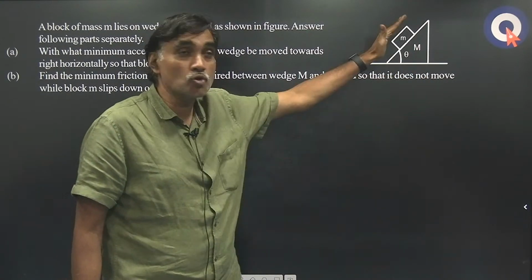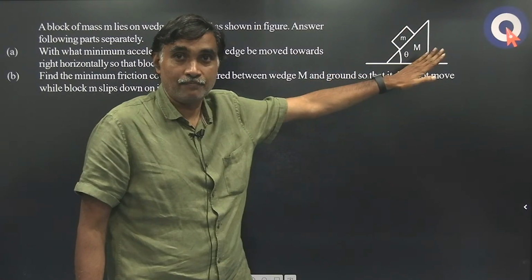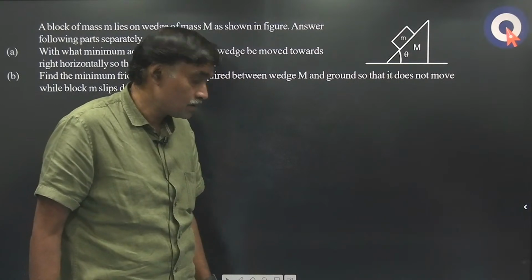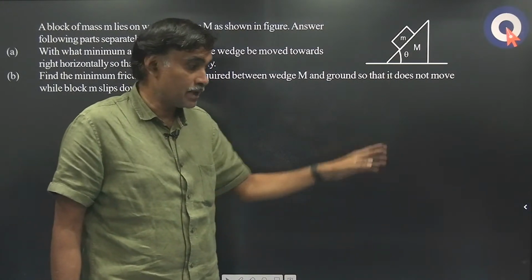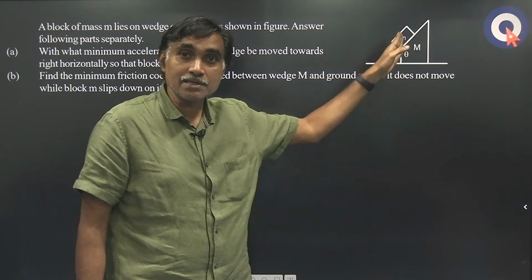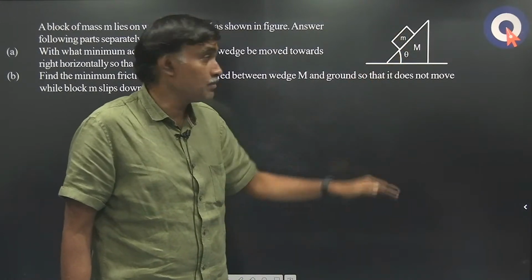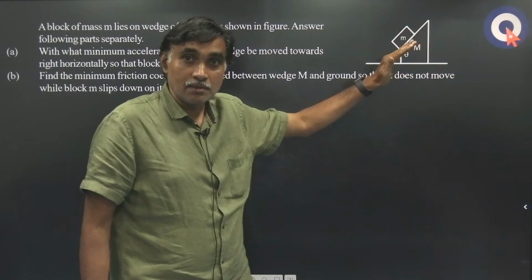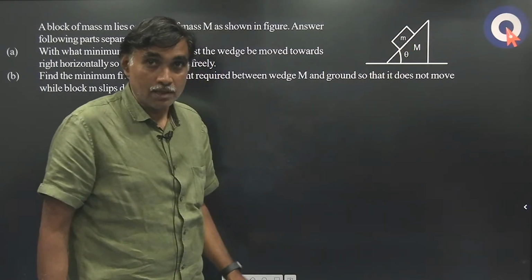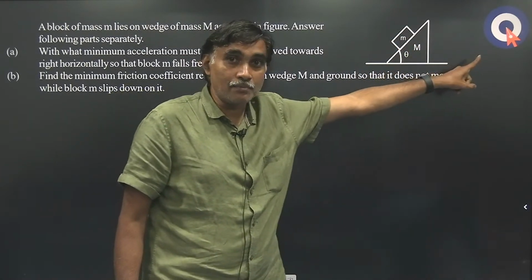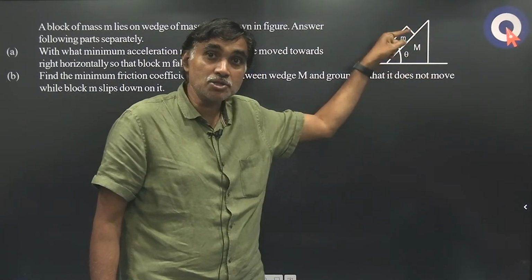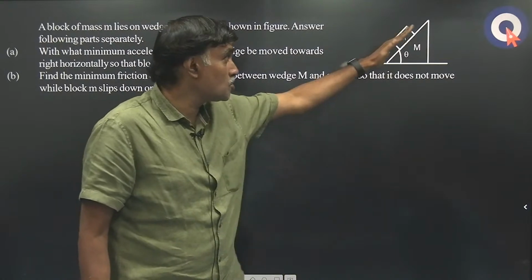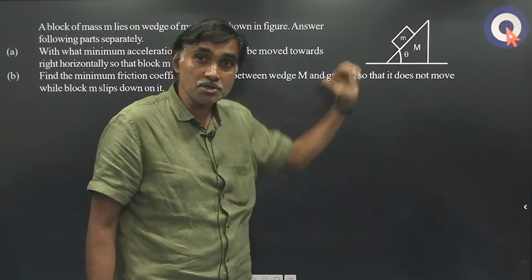That means it should lose contact with capital M. If it has to fall freely, it should lose contact with capital M. Then only it will fall freely, then its acceleration will become g downwards. Means normal force between block and wedge becomes 0. Okay. So what is the minimum acceleration of capital M so that it falls freely? It means it just loses contact. It is almost on this surface, but just lost contact.